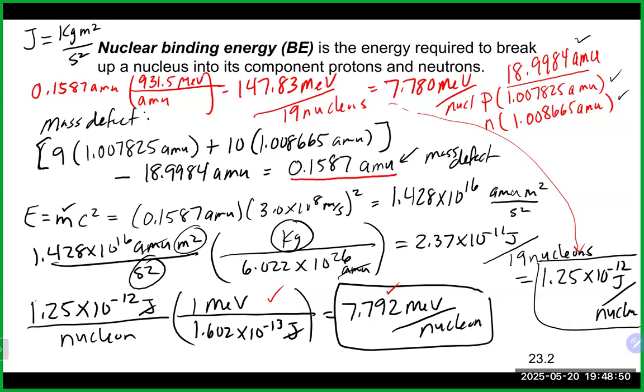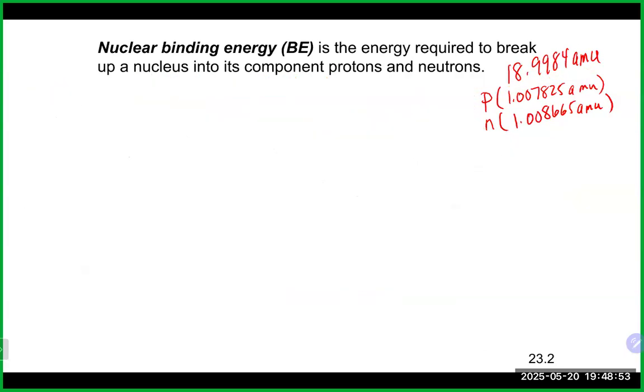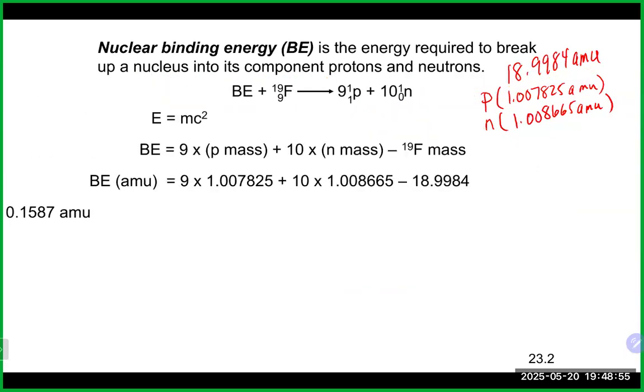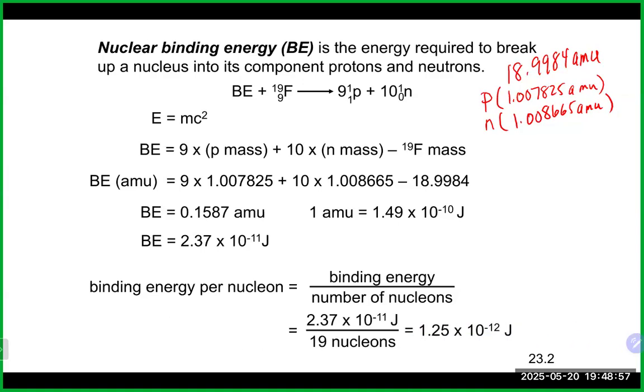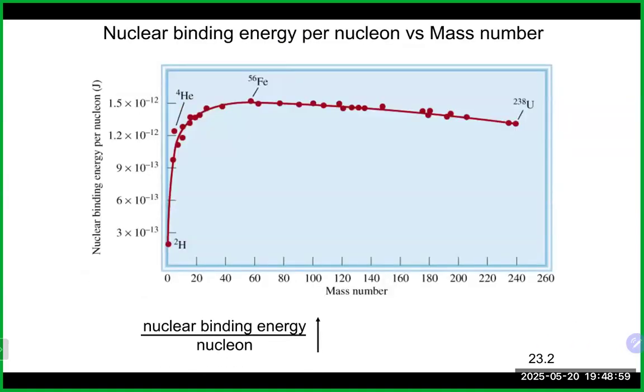All right, so binding energy per nucleon, as I mentioned before, is a measure of stability. And as you can see here from this graph, as the nuclear binding energy per nucleon increases, so does the stability. That's going to be our winner right there. Iron 56, quite stable. So that's a really stable guy right there.